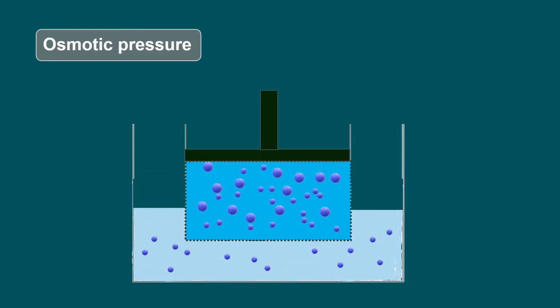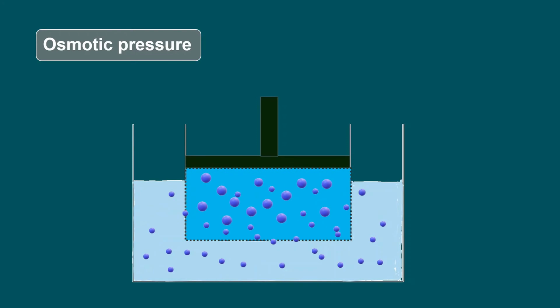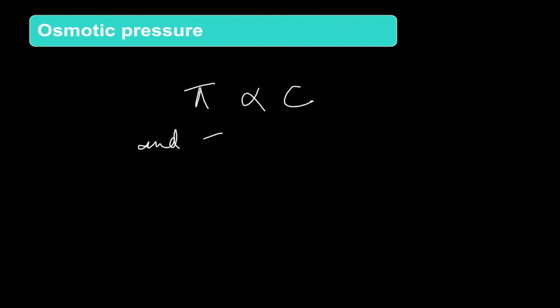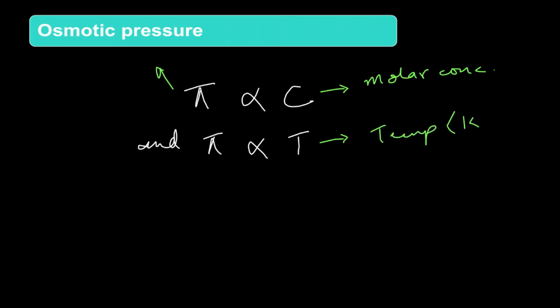The osmotic pressure of a solution is found to be directly proportional to the molar concentration of the solution and its temperature. Mathematically, we can write this as pi is proportional to C and pi is proportional to T. Here pi is the osmotic pressure, C is the molar concentration of the solution, and T is the temperature in Kelvin.